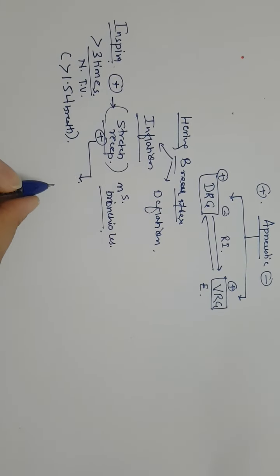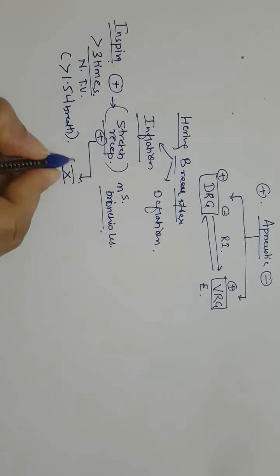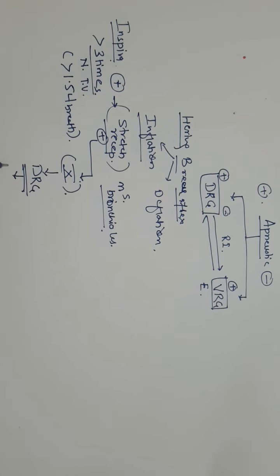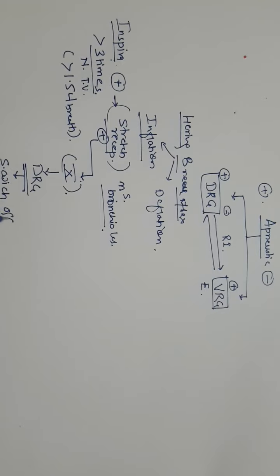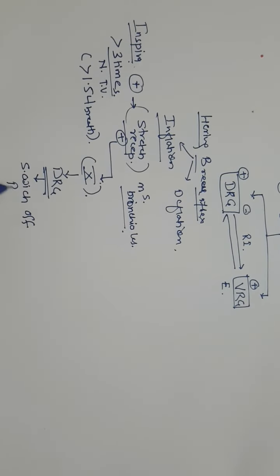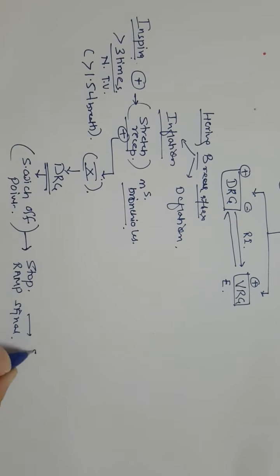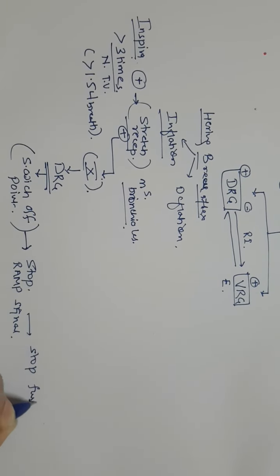They carry information via the 10th nerve to the DRG, and in the DRG they act on the switch off point. They will stop the ramp signal, which will stop further inflation.